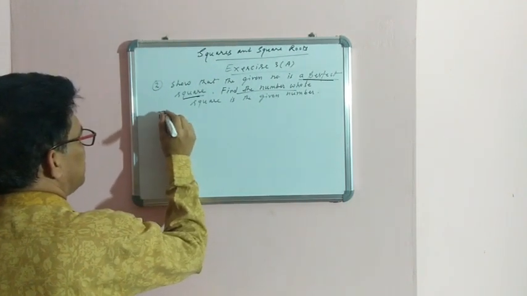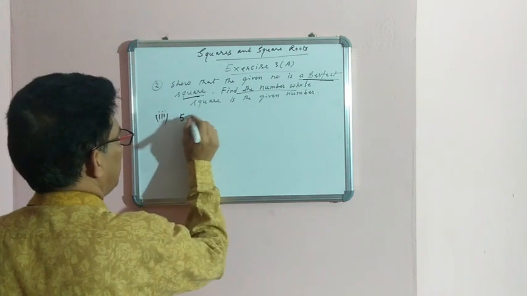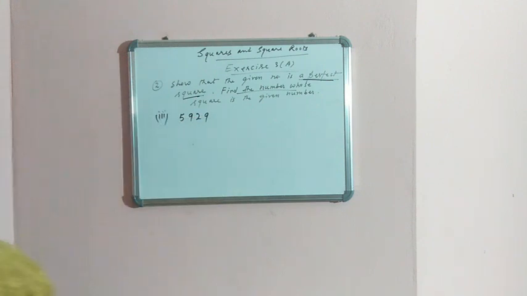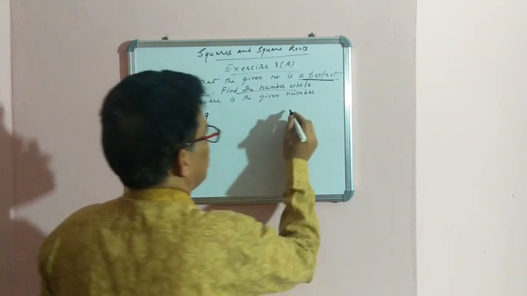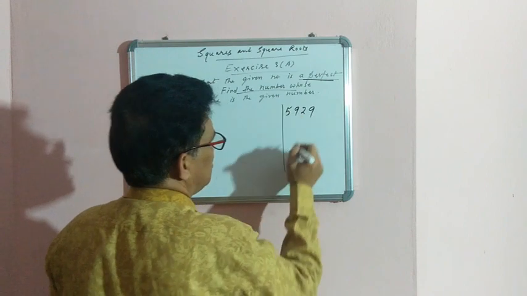We are taking another part of this one: 5929. Then we will resolve it into its prime factors. 5929. Now check it.